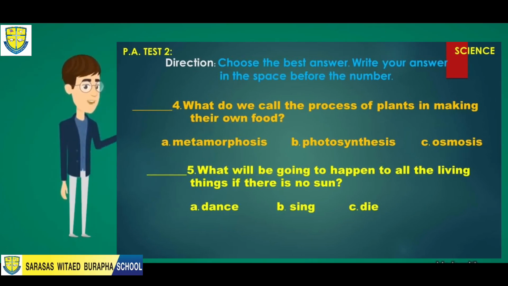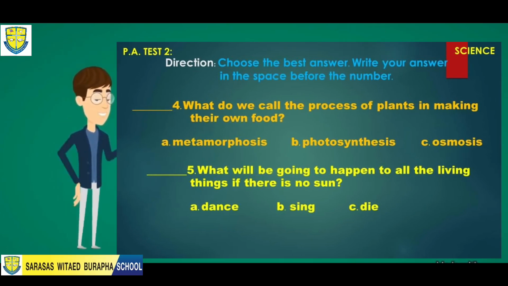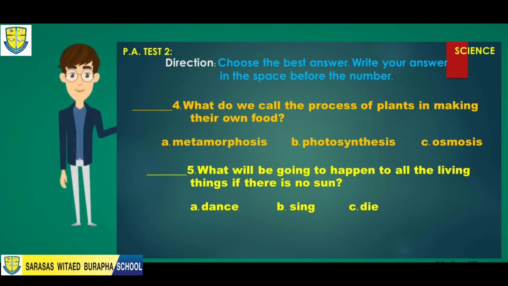Number 4. What do we call the process of plants in making their own food? A. Metamorphosis. B. Photosynthesis. Or C. Osmosis. Number 5.